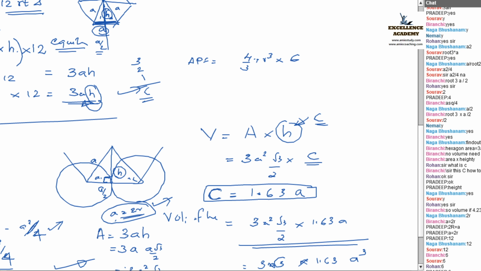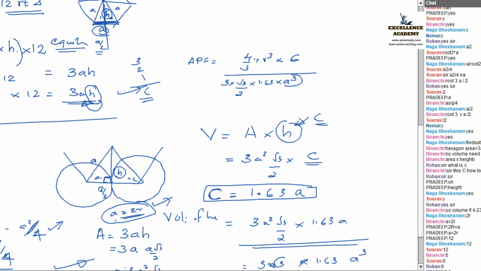So that is 6 divided by the volume of unit cell. Yes, the volume of unit cell is already known here. That is 3 root 3 by 2 into 1.63 into A cube. That is the volume of unit cell, isn't it?